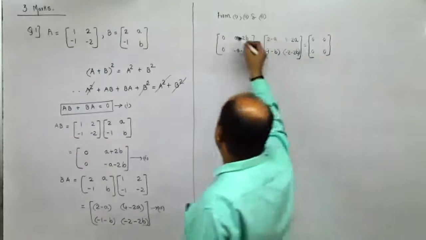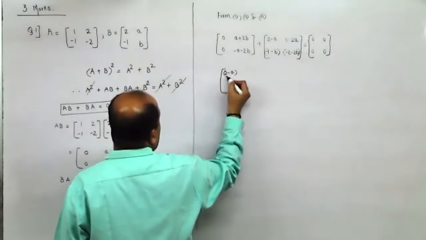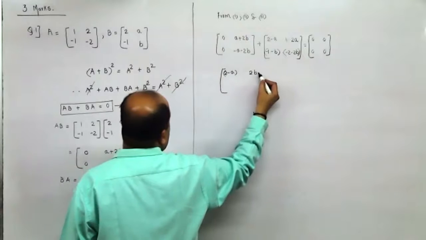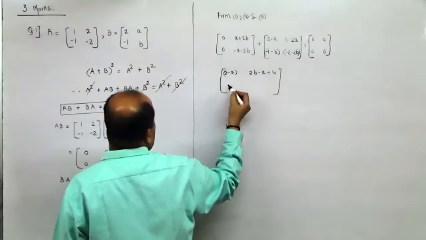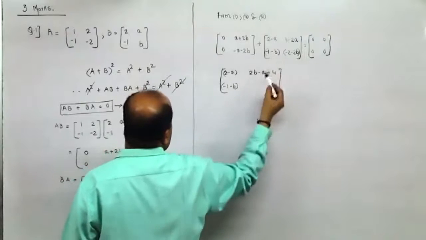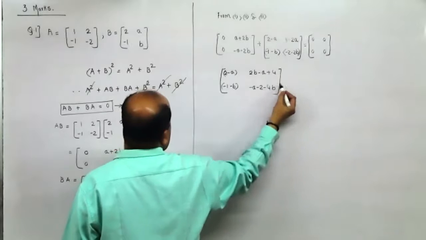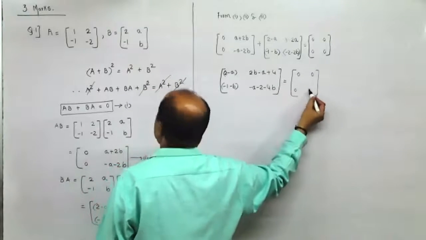Now this would be 0 plus 2 minus a would be 2 minus a. Plus 2b plus 4 minus 2a is 2b minus a plus 4. 0 minus 1 minus b is minus 1 minus b. Minus a minus 2b, and this would be equal to 0, 0, 0 and 0.